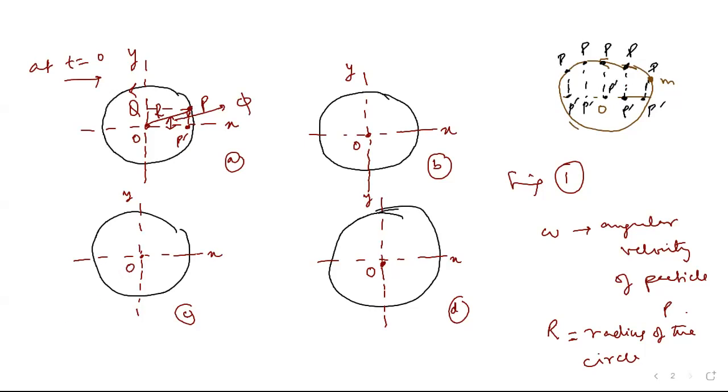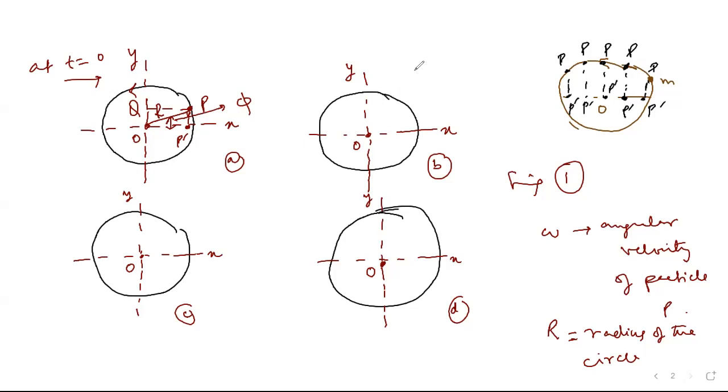So the length of OP is capital R, and this OP radius is making angle phi with the positive x-axis as shown, right?